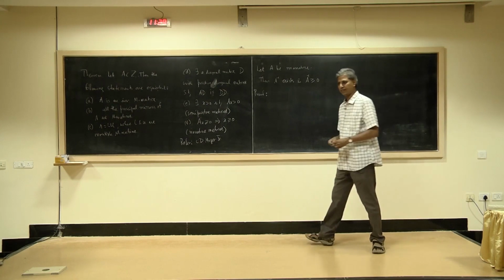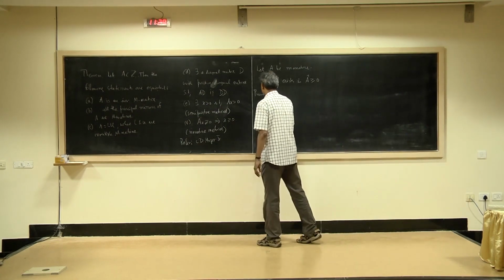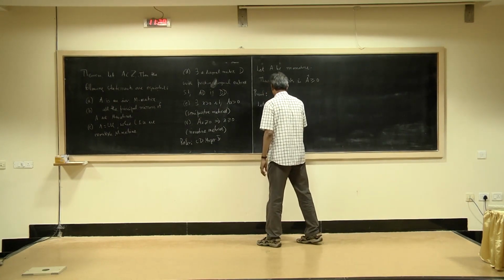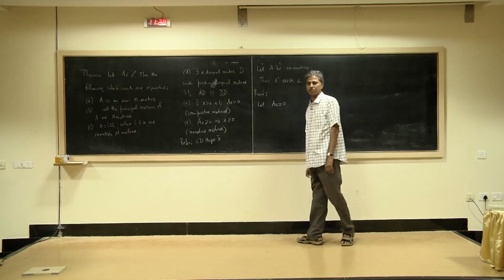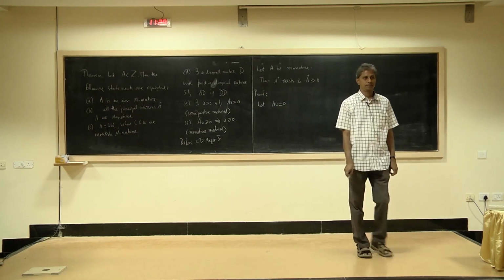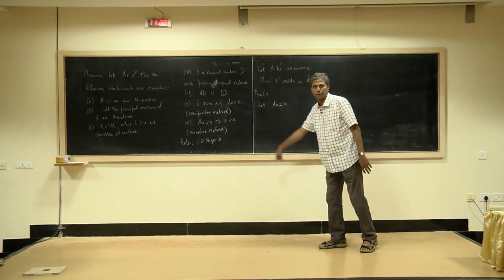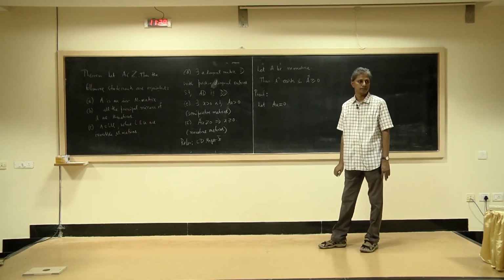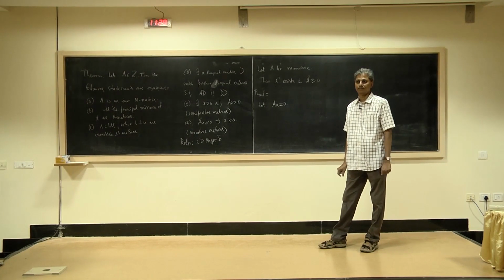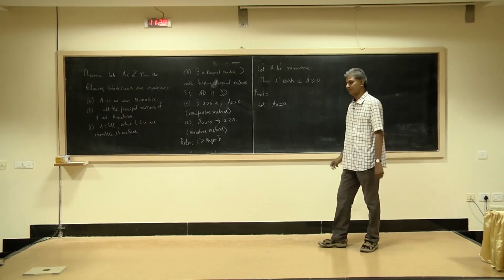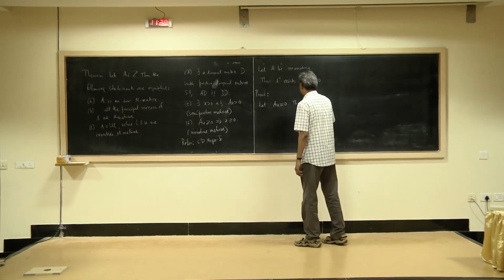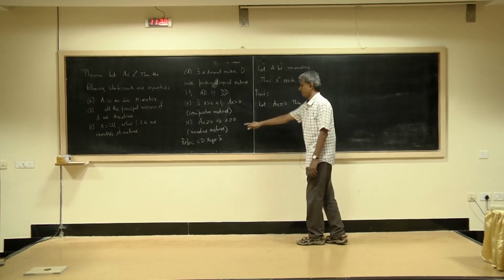Let Au equal to 0. I want to show that u is 0. A is monotone, A satisfies that implication. Yes, you should tell me. Then u is greater than or equal to 0 because of this.